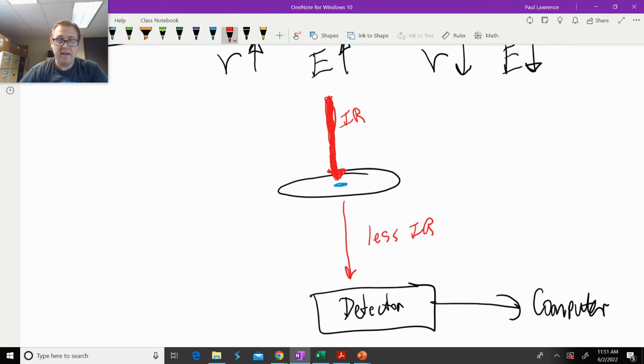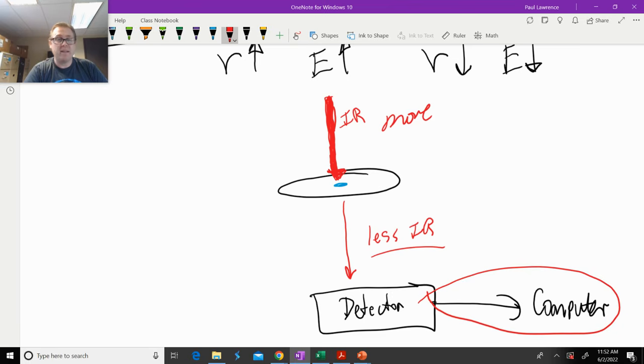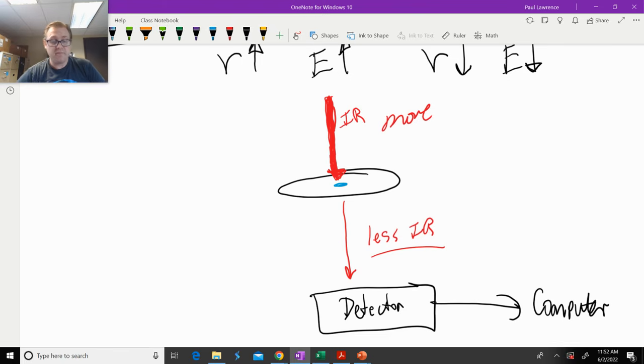So we have more light up here, less light down here. So where did that light go? Where did that energy go? Well, it was absorbed by our sample. And based off of that absorption, the detector and the computer work together to give us some very useful information to help us understand the structure of the molecule. Okay, and so what we're going to delve into is the theory behind this, and then we'll talk about principles that will help us use IR to determine the structure of molecules.